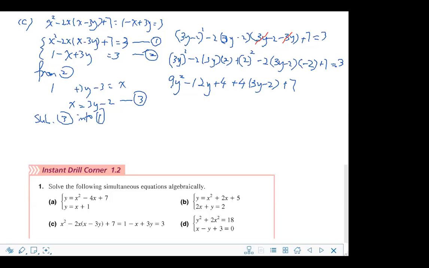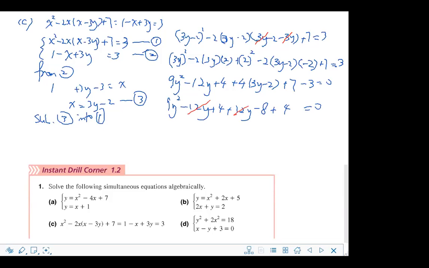And then we will move the 3 to the left-hand side also. Okay, so it is 9y squared minus 12y plus 4 plus 12y minus 8 plus 4 is equal to 0. And then, well, this one, 12y and 12y will be cancelled.